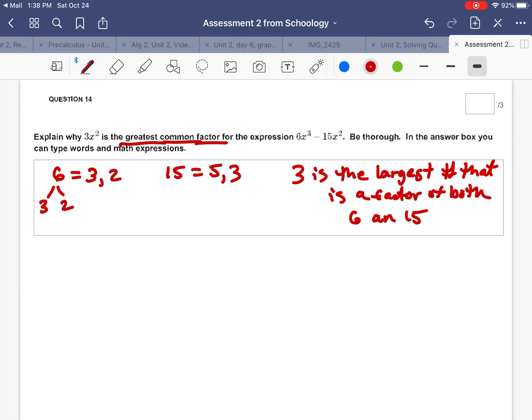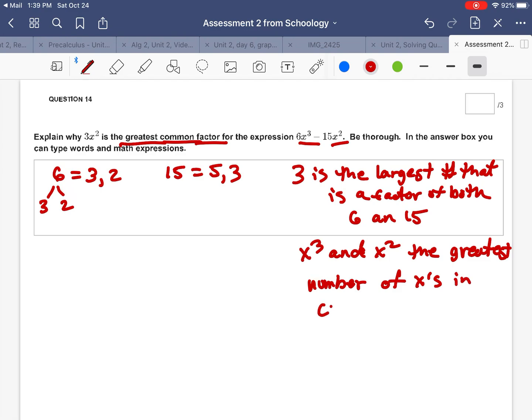So you would say to me that, let's see, x to the third and x squared are my two pieces right here. The greatest number of x's in common is 2. So that means basically x squared, right? So those two reasons are why 3x squared is the GCF.